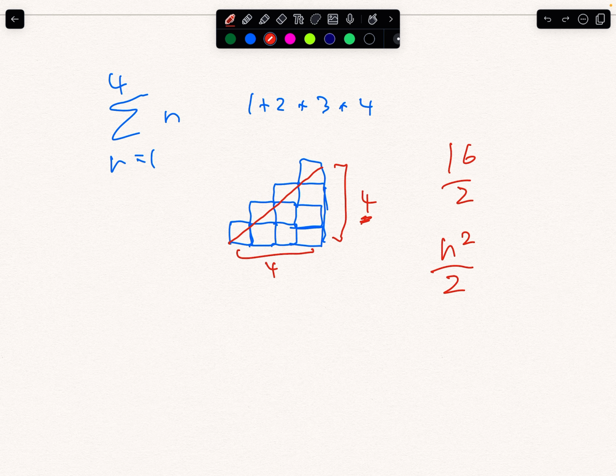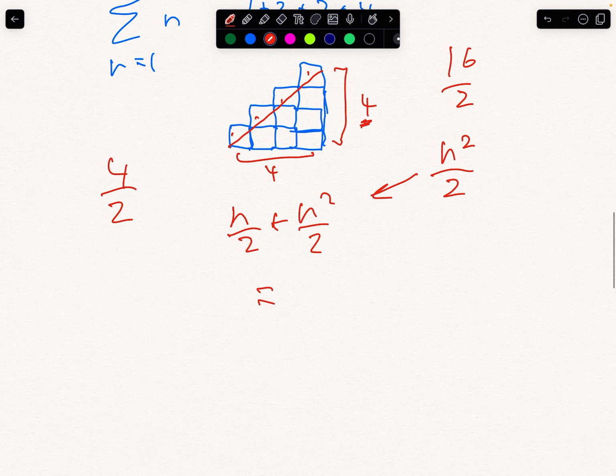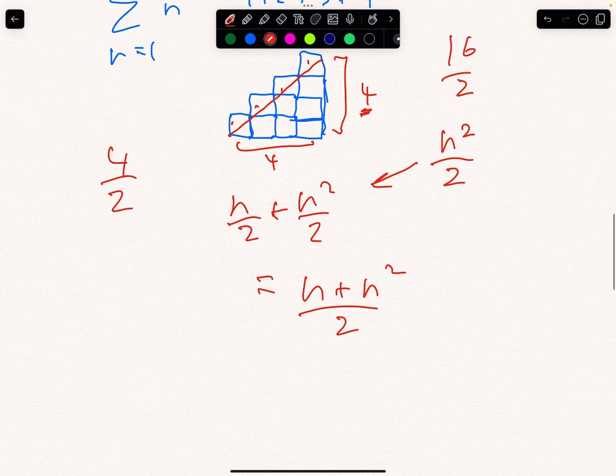You have n of these half squares, so it'd be 4 over 2. Or, if I had a variable, it would be n over 2. So the total area would be n over 2 plus the triangle, n squared over 2, which is equal to n plus n squared over 2. Now I can factor out the n to get n times n plus 1 over 2.